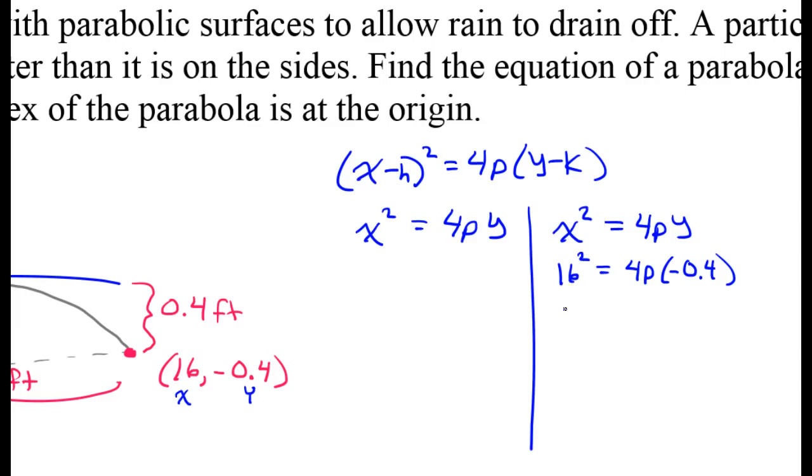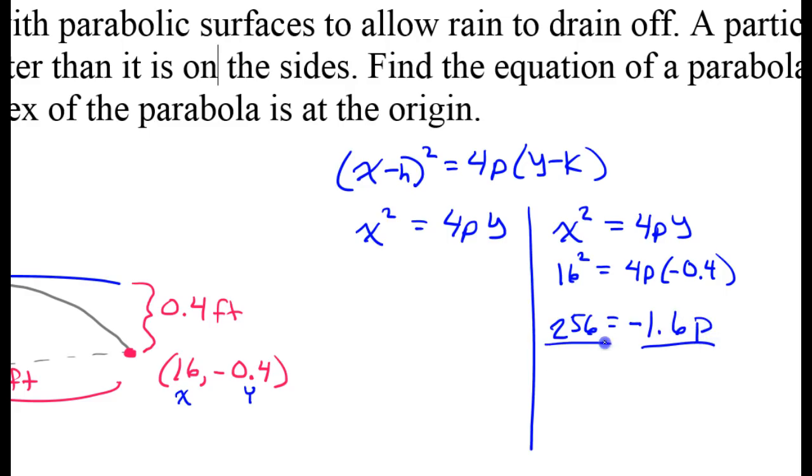Okay, 16 squared. I'm jumping on my calculator real quick. So 16 squared is 256. 4 times 0.4 is 1.6. So I will have negative 1.6p.